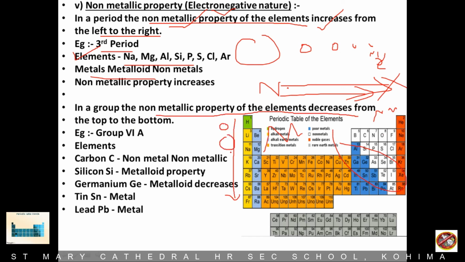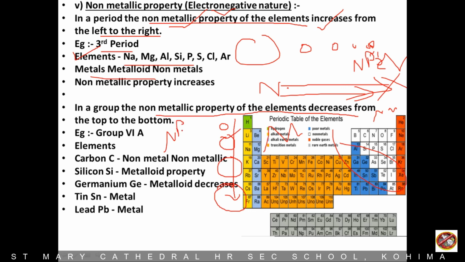Because the size of the elements, the valence shells, increases. If the size decreases, the non-metallic property increases, but when the outermost shells increase, the non-metallic property will decrease. That is how you have to remember it.